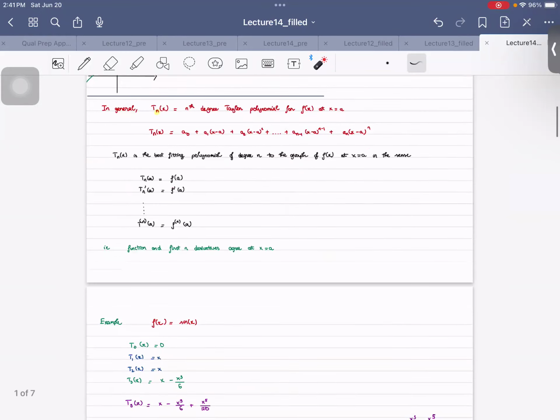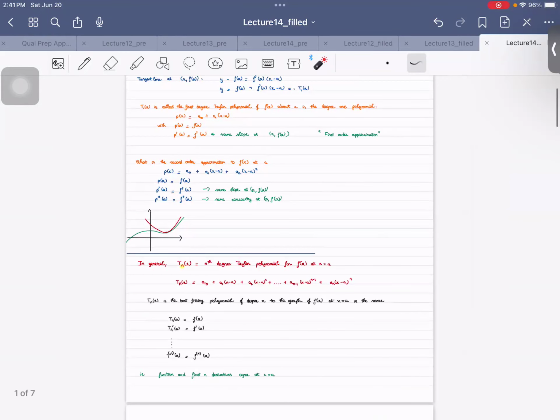Okay, so that is the idea about function approximation, and we're going to use polynomials to approximate the function.